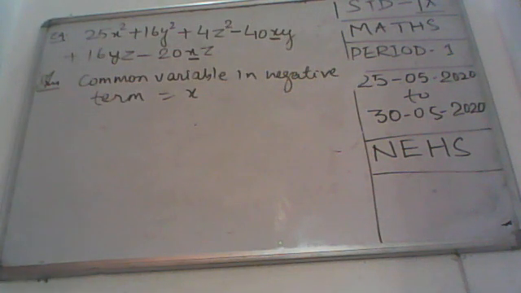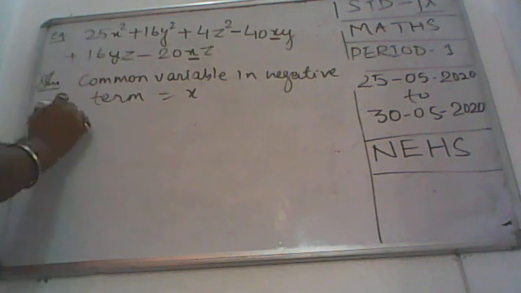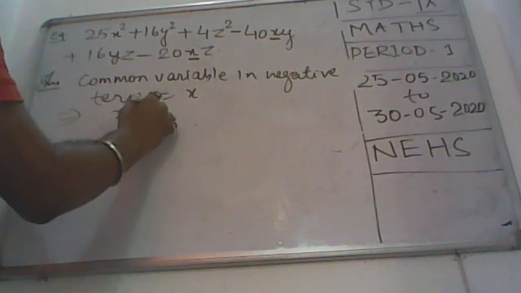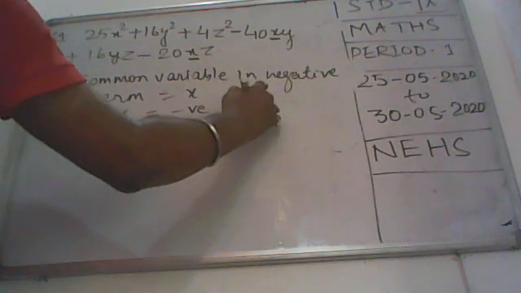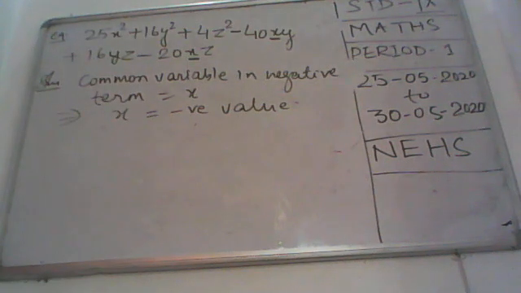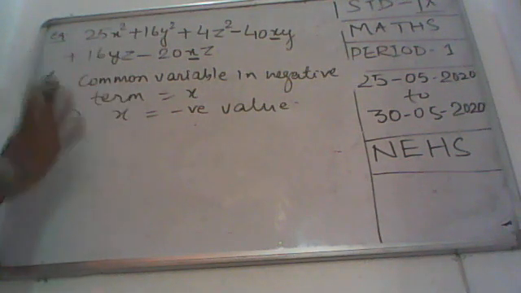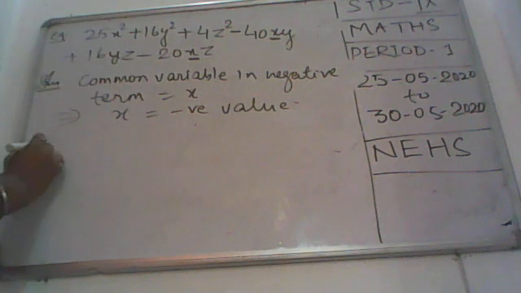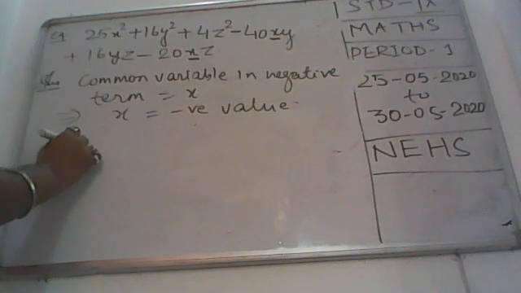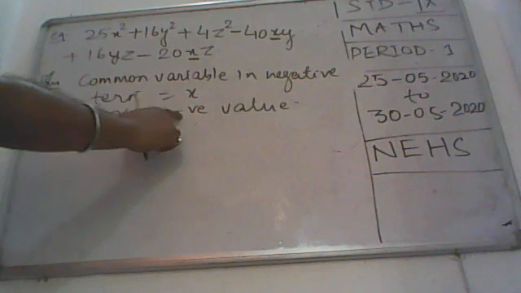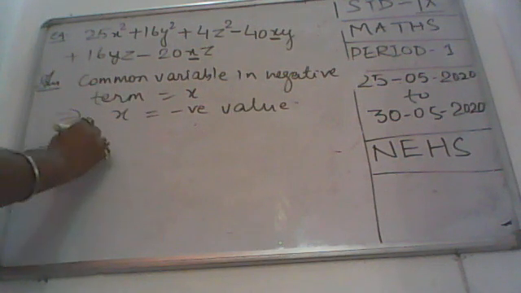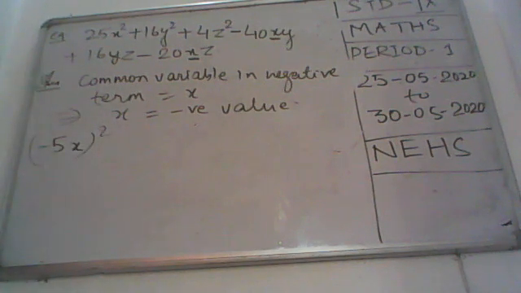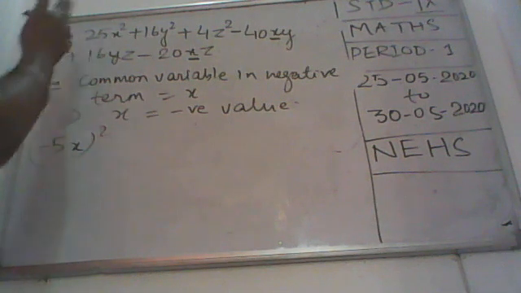It is common in both the negative terms. That means x is taken with a negative value. Okay. Now, the first part we have solved. Now come to the example, 25x square. So this will be 5x. But what I am saying is that x is negative, so it is (minus 5x) whole square. The value will not change for 25 square, because the square of minus is positive only.